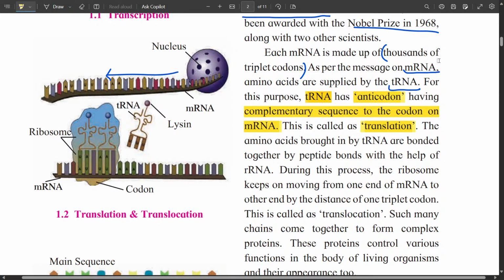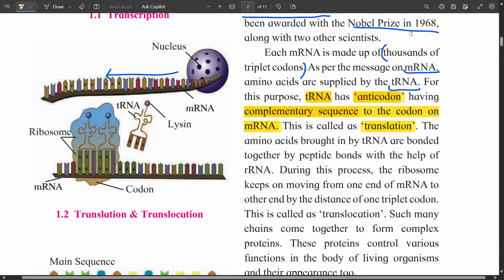First was transcription, where mRNA read the message from the DNA, and here tRNA is fetching the amino acids as per the triplet codons on mRNA by making anticodons complementary to the triplet codons on mRNA.